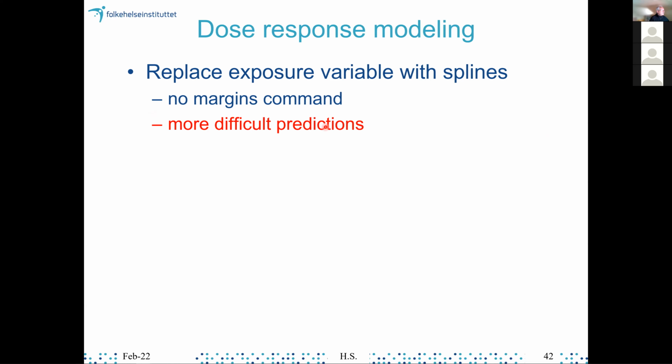So we have more difficult predictions, but you can use a downloadable program called XBLC. And I have never understood what XBLC actually stands for, so sorry about that. But you can do dose response plots using that one. And you can simply look in the syntax how that is done.